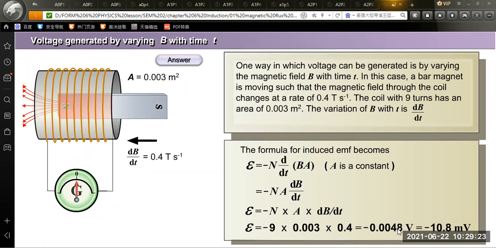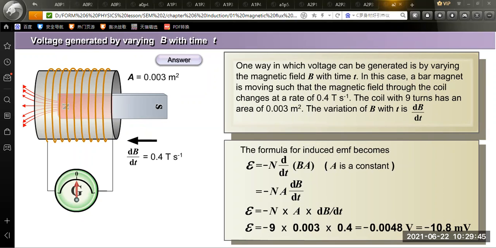So negative 0.048 watt is wrong. It should be negative 0.0108. Sorry for the mistake, so the final answer will be correct. So it's negative 10.8 milliwatt. This 10.8 milliwatt is correct.